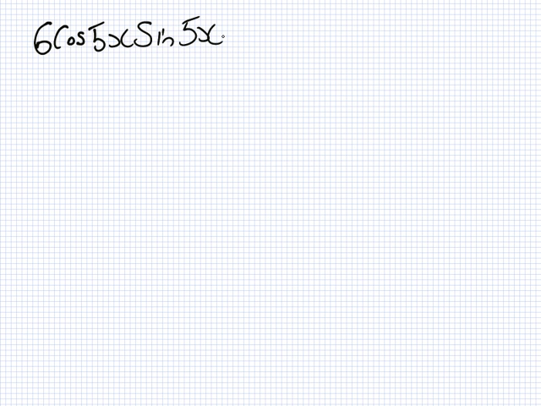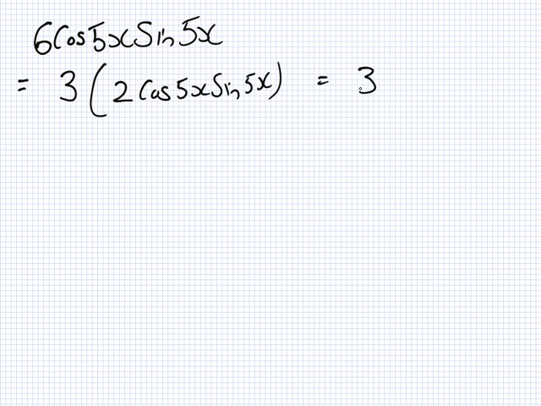Now, you don't actually have to use compound angle here, because what you could do is spot that this is actually equal to 3 times 2 cos 5x sine 5x, which is actually 3 times 2 sine A cos A. Now, some of you might remember what 2 sine A cos A is.